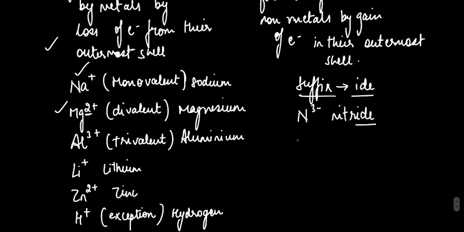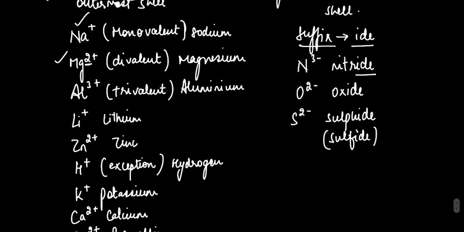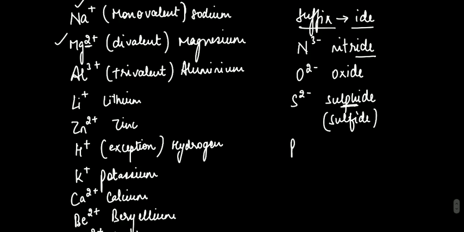Then we have oxide, O2 minus. We have sulfide. Now I write sulfide as sulphide. Please feel free to write it as sulfide, your wish. That's acceptable. That's the old format. Both are fine. Then if we go to phosphorus, P3 minus, that is phosphide.